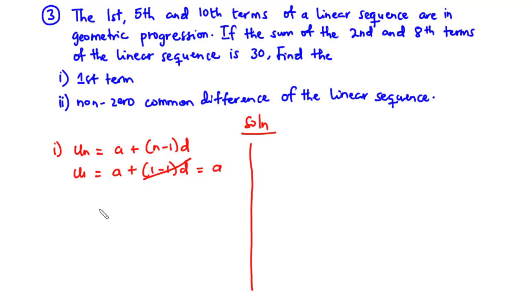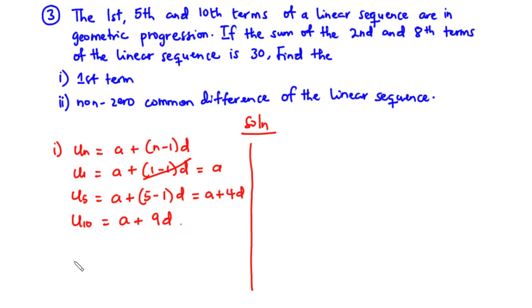Now let's find U5, or the fifth term. So U5 is equal to A plus 5 minus 1 times d, which is equal to A plus 4d. We also have U10, and I think you can guess the trend. That is going to be A plus 9d. Okay, now we are told that the linear sequence terms are in geometric progression.